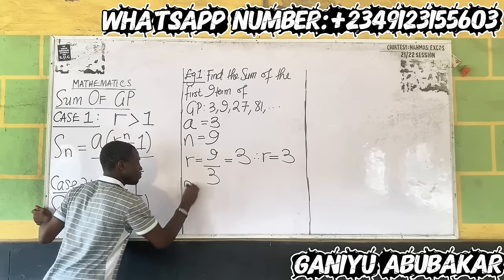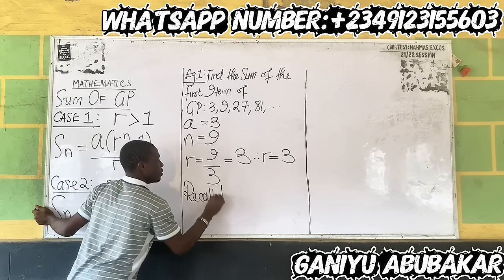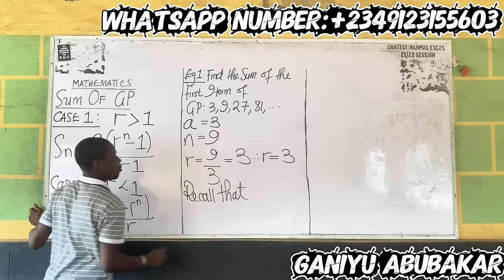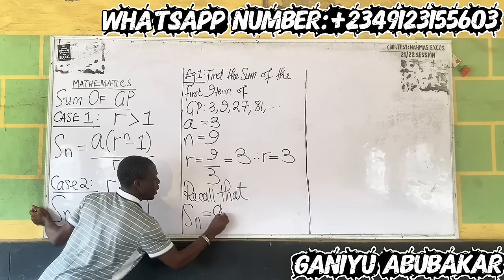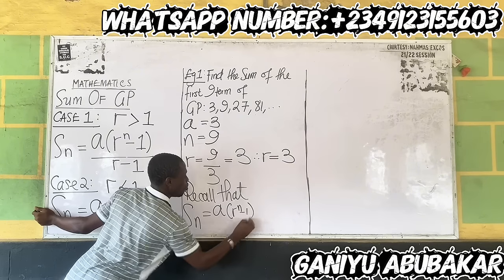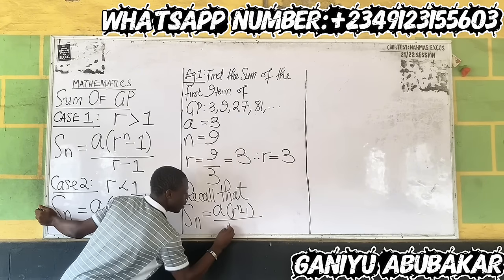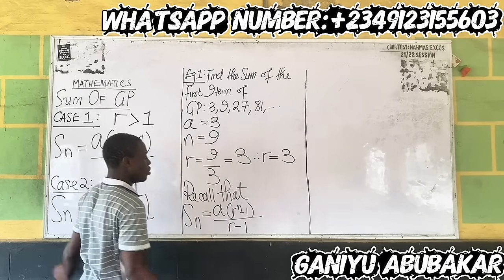So recall that we said for the sum of a GP, Sn is equal to A into R^n minus 1, all over R minus 1.